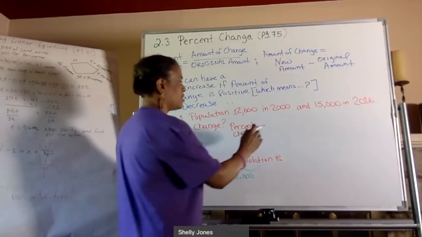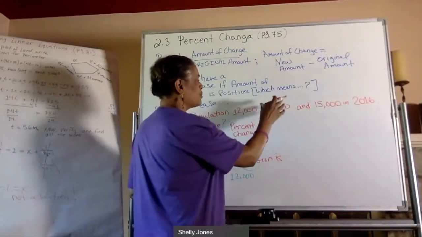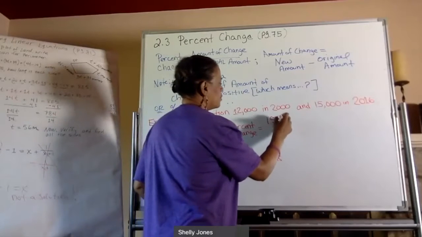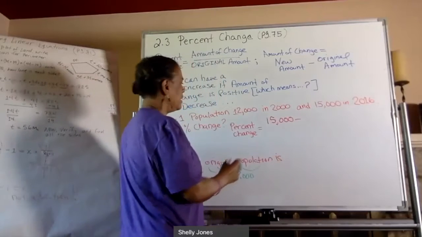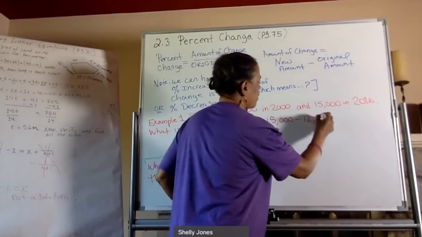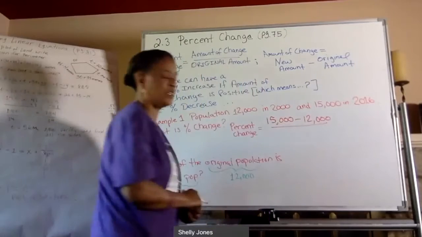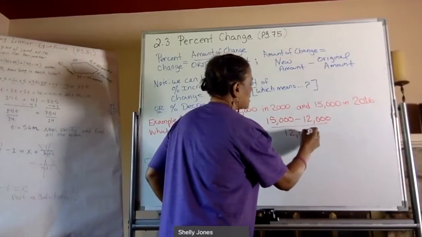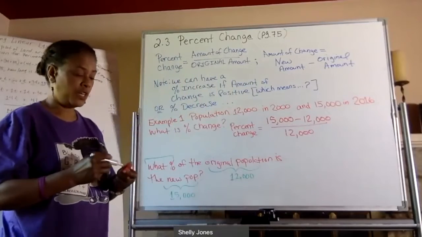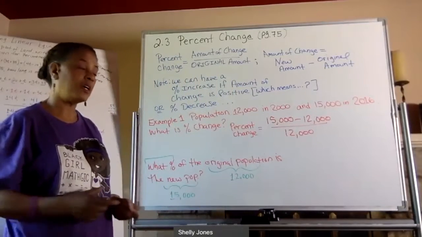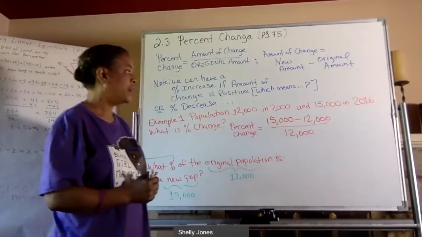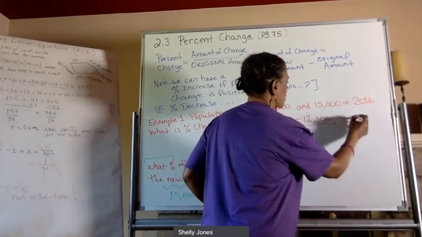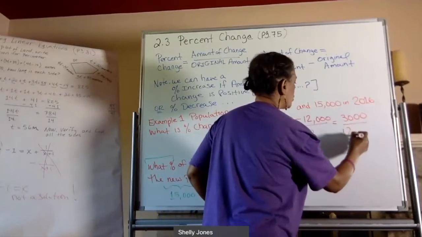From 2000 to 2016, my new amount was 15,000, and it had risen from 12,000. So that's my amount of change, and then I want it over my original amount. That makes sense because I want the percent change. You have to say, changed from what? Changed from 12,000. So if I subtract 15,000 minus 12,000, I have 3,000 over 12,000.